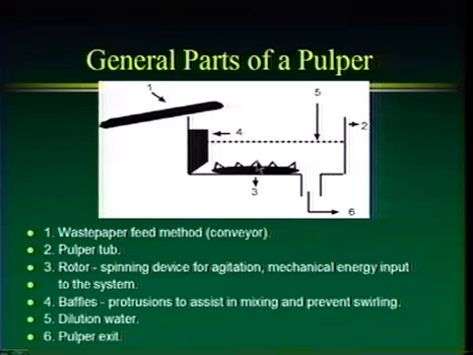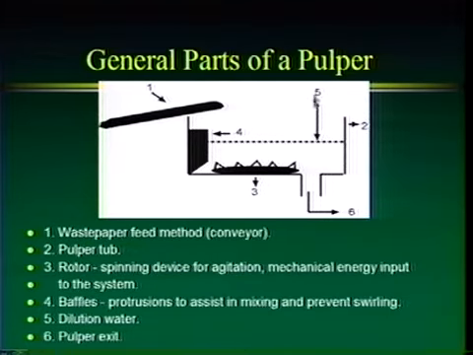Typically it's a rotating disc with teeth for low consistency, and a helical spiral for high consistency pulpers, and we'll look at those later. And then fourth, in almost all cases, we need to have baffles. Baffles are going to resist the swirling, which is inefficient motion for pulping, and redirect the pulp towards the rotor. The fifth thing that we'll see is the dilution water feed.